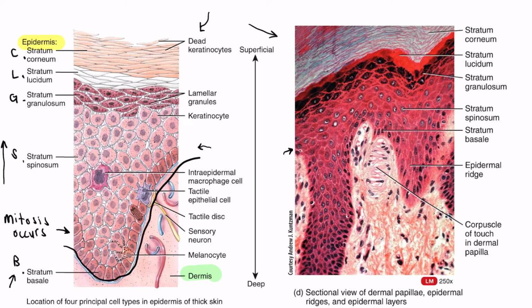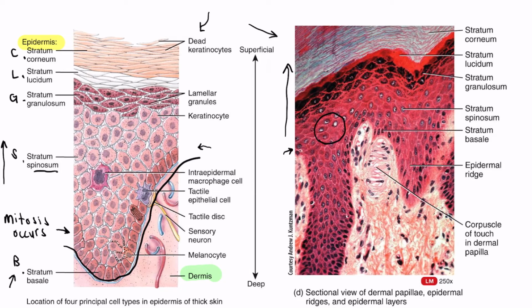So the stratum basale is unique because mitosis is still occurring here a lot. And I will say that it takes about 28 days for us to fully replenish all of the layers of the epidermis. Superficial to the stratum basale, we have the stratum spinosum, as you can see here.